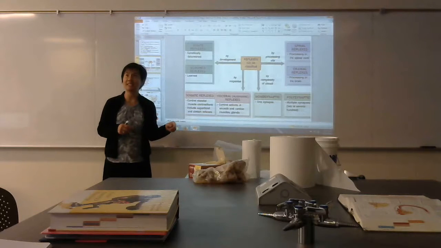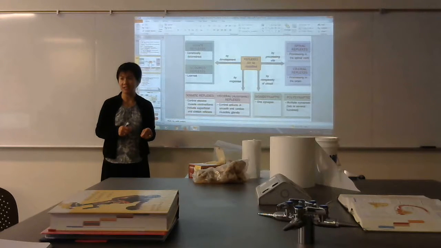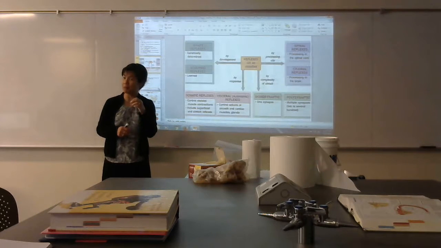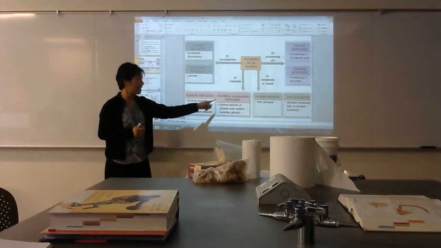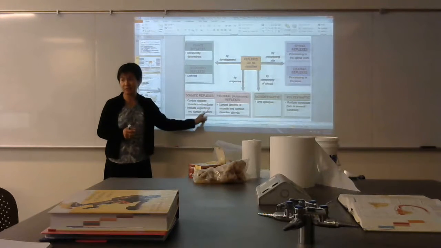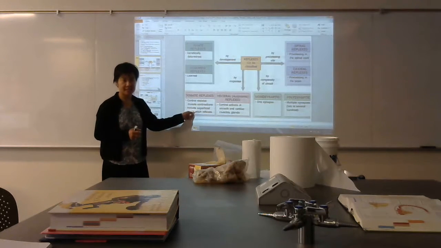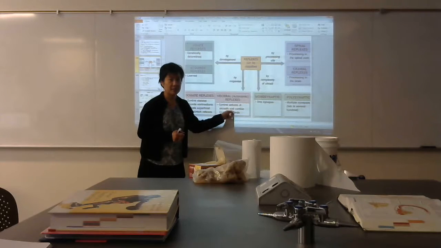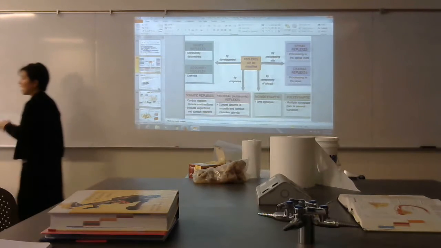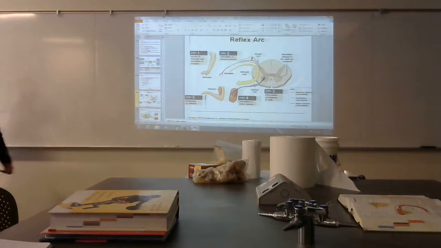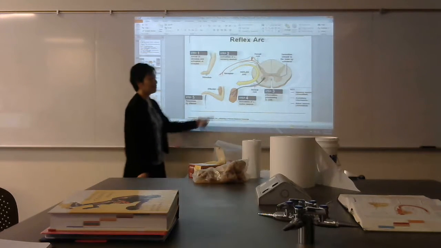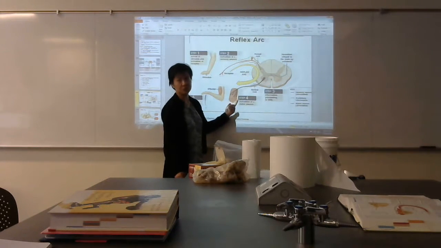How about, let's say, your defecation reflex, urination reflex, your blood pressure, right? You stretch your aorta, it contracts. Those are visceral reflexes. You see the difference? Somatic, visceral. Now, depending on how many synapses, you will say it's monosynaptic or polysynaptic. So with this one, how many neurons do you see?